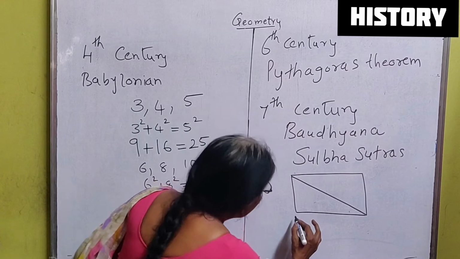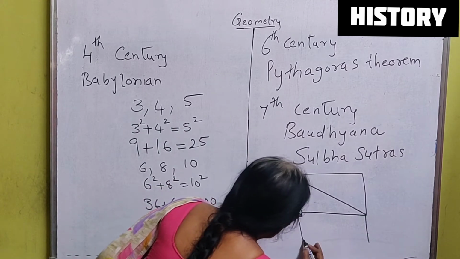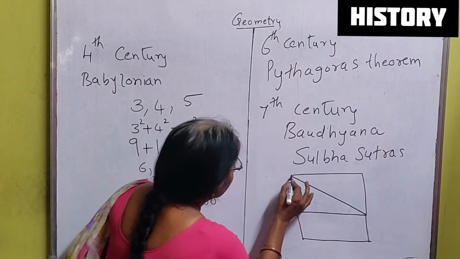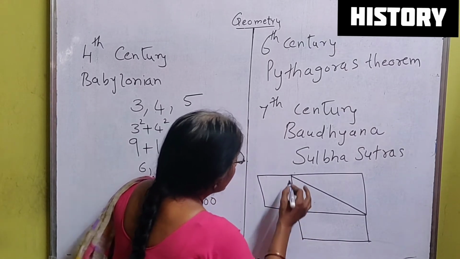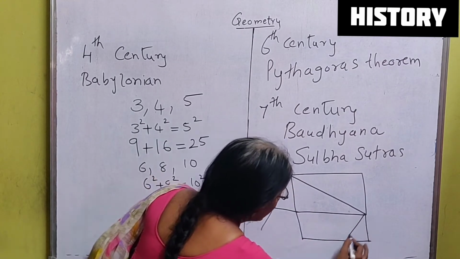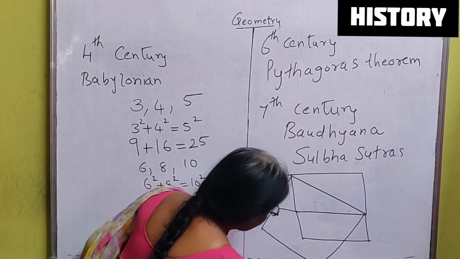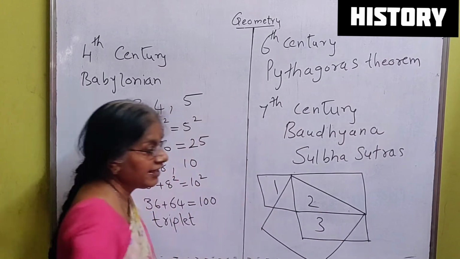He created one more rectangle over here, one more rectangle over here, and here also he created one more rectangle. So he got 1, 2 and 3, and he compared.